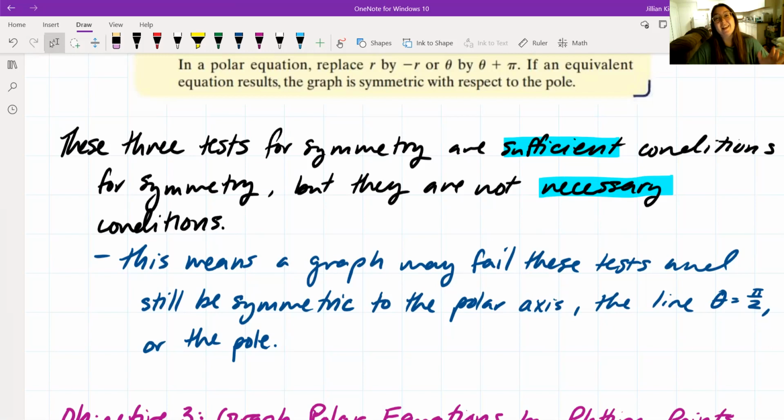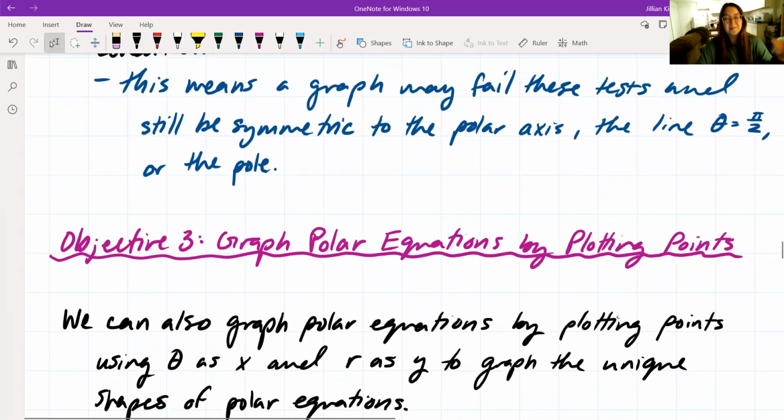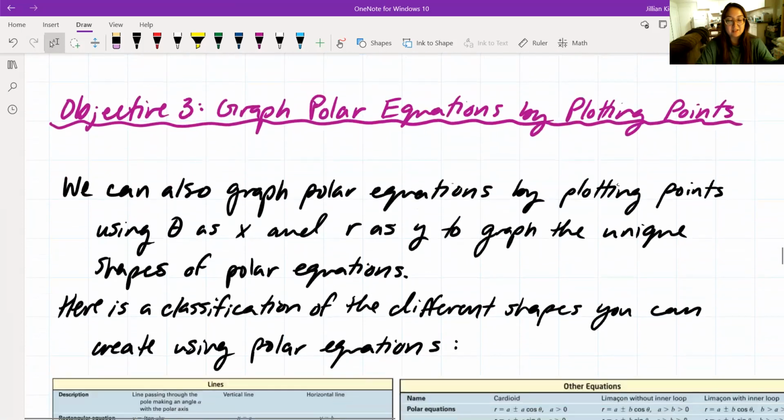It's not necessarily that it is not symmetric, it's just that we still don't know. So when using these tests, we're either going to know for sure or we're just not going to know. There is no knowing it's not symmetric. There are a lot of no's there. Keeping those distinct is definitely going to be helpful.